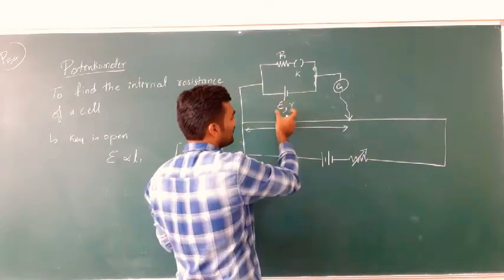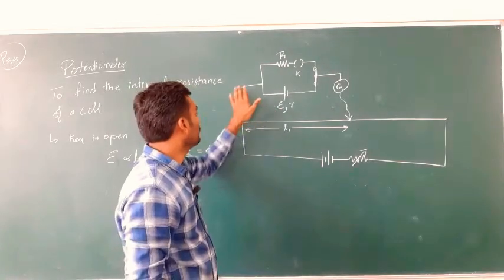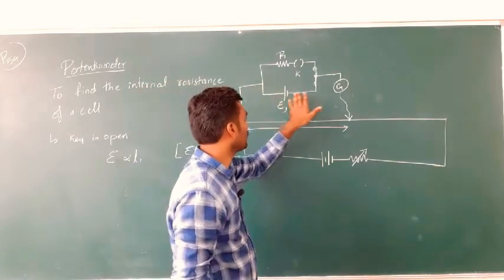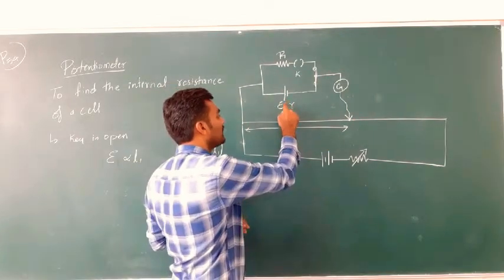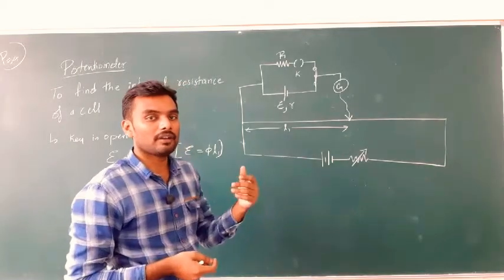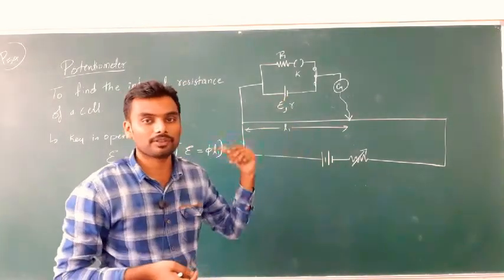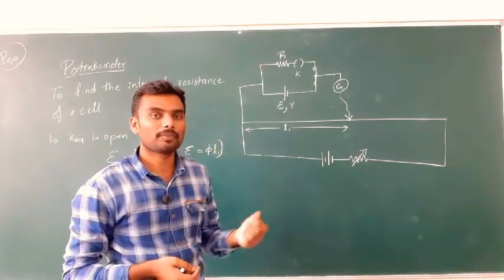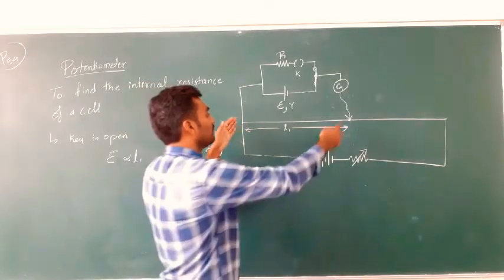We can take E itself instead of V. Why? Because now there will be no current flowing in this part of the circuit. Current is zero, and hence E becomes equal to V. I gave this during the conclusion of the previous video. How did we take E instead of V?